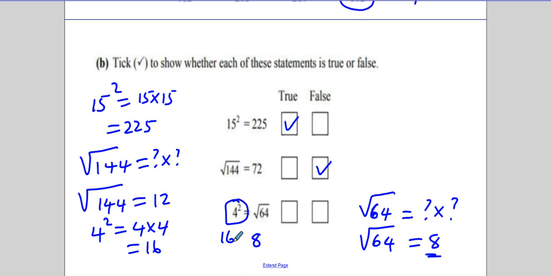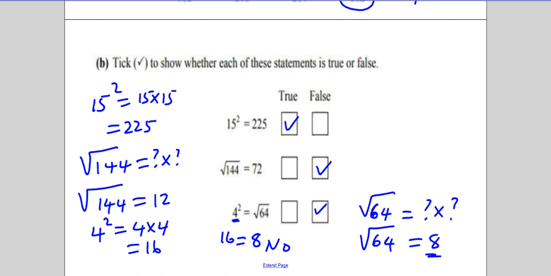Now the question is, is 16 equal to 8? The answer is no. So you tick false, because 16 is not equal to 8.